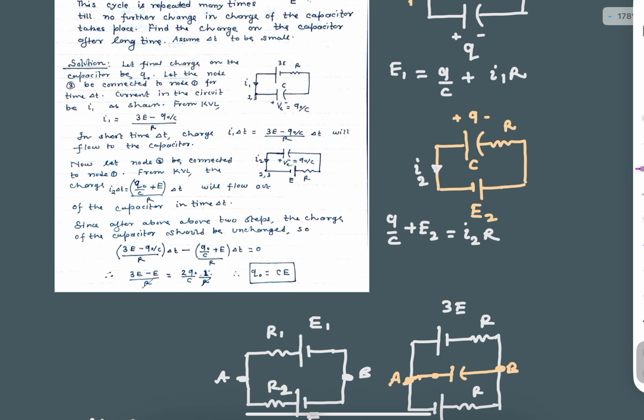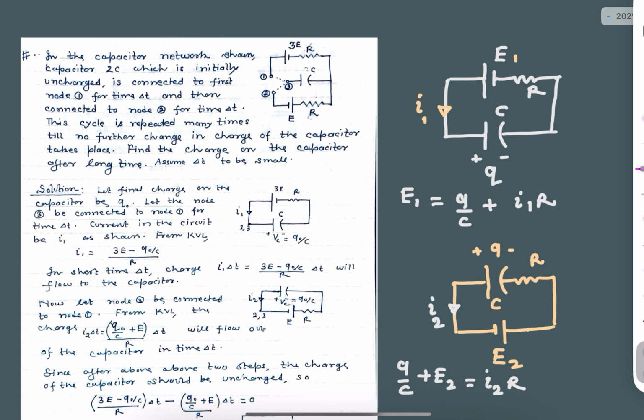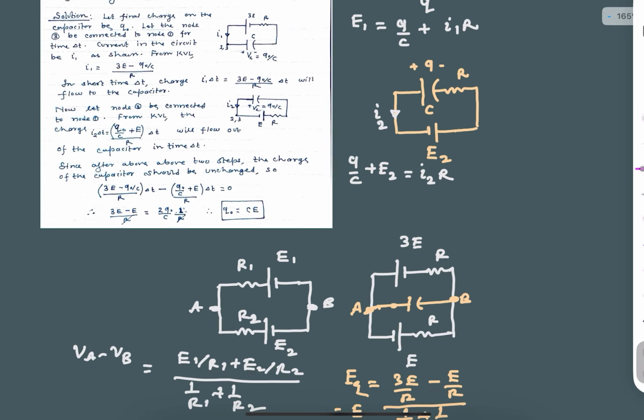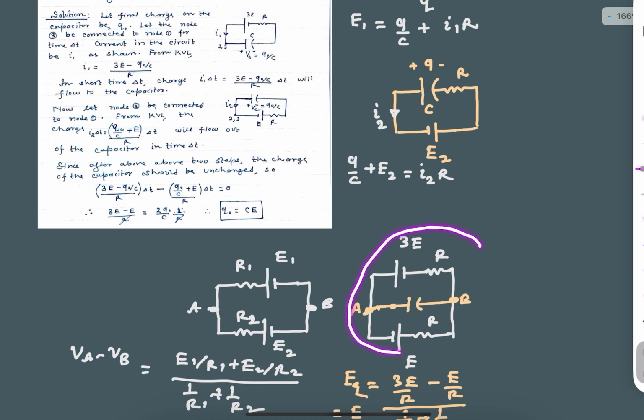That means if we keep on connecting once here, then again here, then again here, finally this capacitor will feel that as if it is part of a circuit where the circuit is like this, because these 2 points are being interchanged very fast.